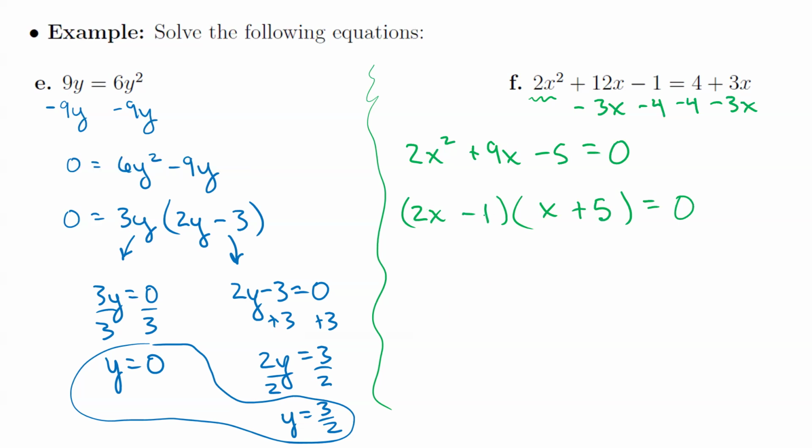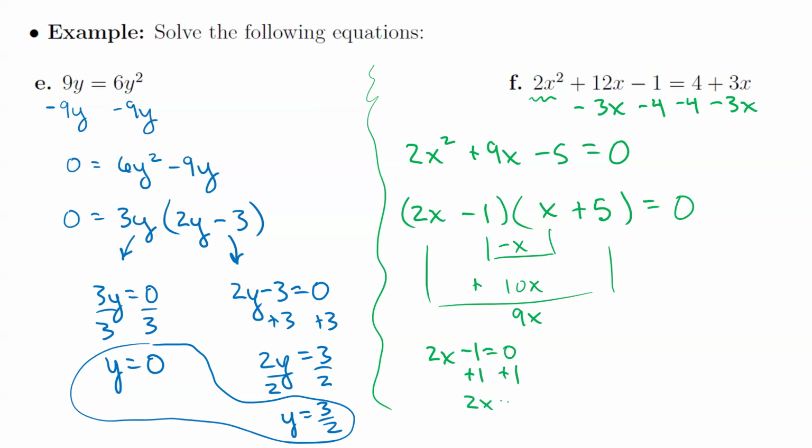And then the minus 1 on the inside here is probably going to be the way to go. Right? We can double check it. But yes, that gives us the middle term of 9x. So we'll set each of those factors equal to 0. So x equals 1/2. And then x plus 5 equals 0. x equals -5.